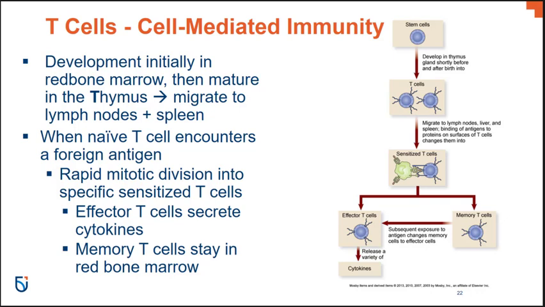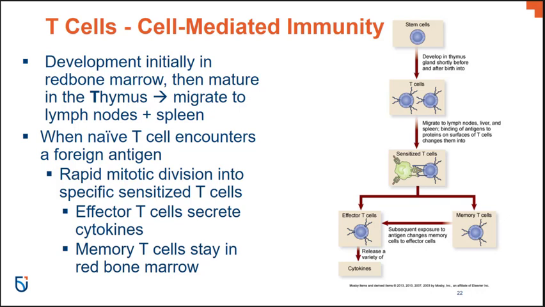T cells have antigen receptors on their surface, but they're different yet similar to the ones that B cells have on their surface. This will end up causing activation or sensitization of the T cell, leading to rapid mitotic division into very specific sensitized T cells that we call effector T cells and memory T cells.